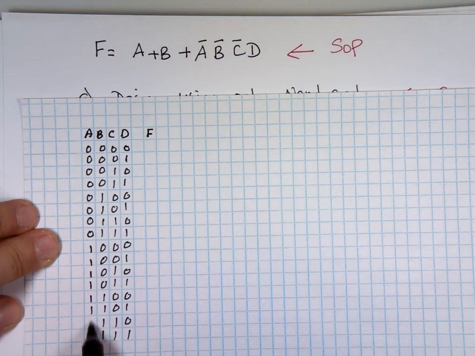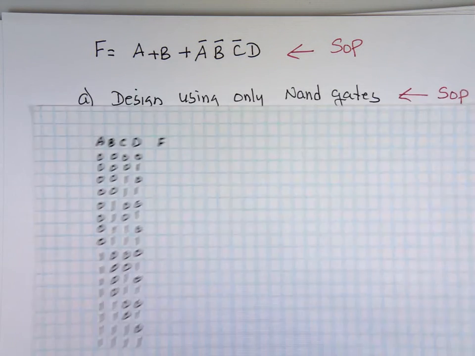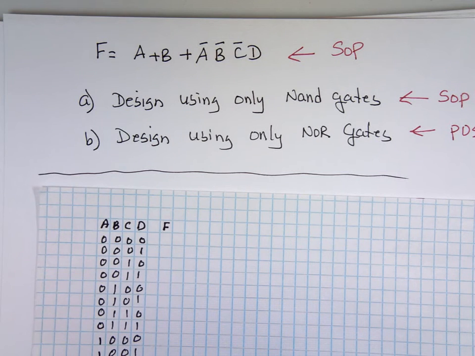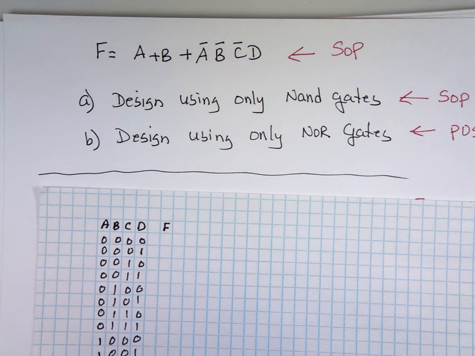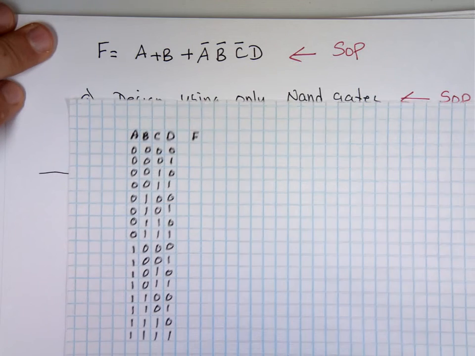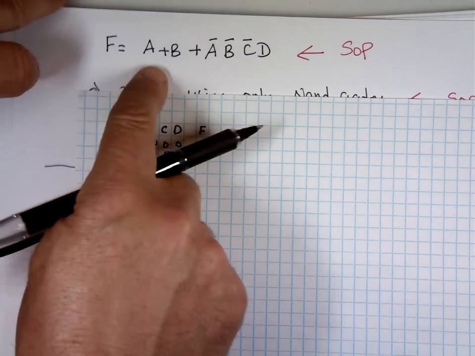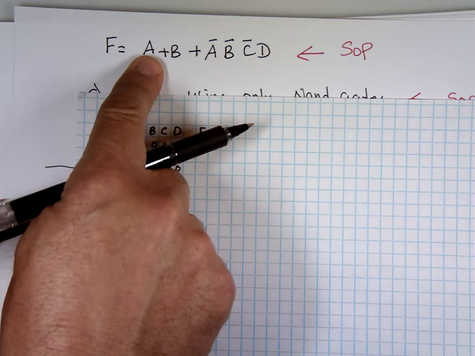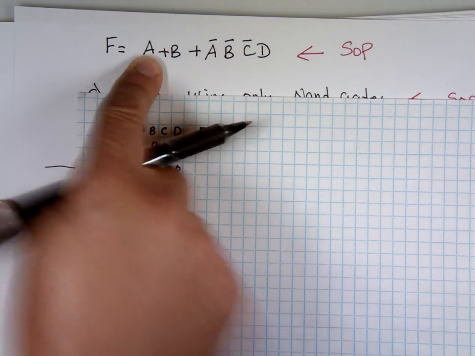The reason I'm doing this is because I'm trying to get the product of sum expression. This is probably the easiest way. Let's look at this. This function tells me when F is going to be 1. F is going to be 1 when A is what? When A is 1. Where is A 1? The last 8.